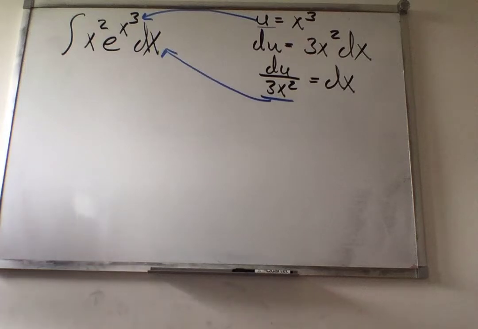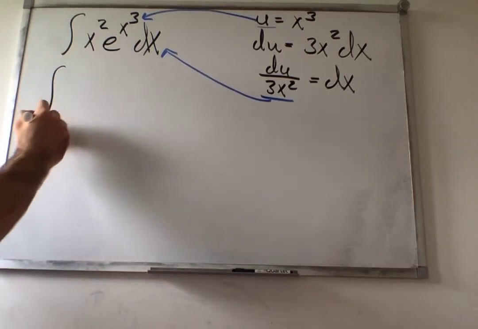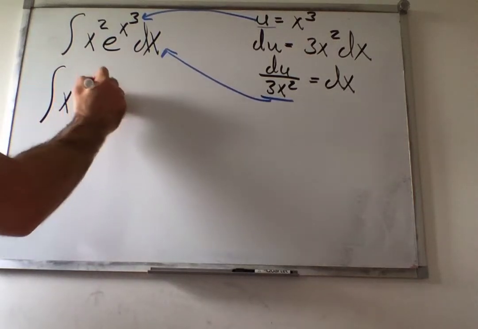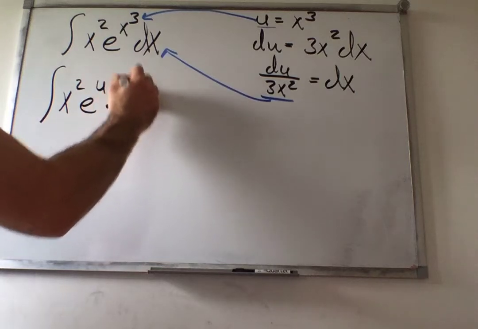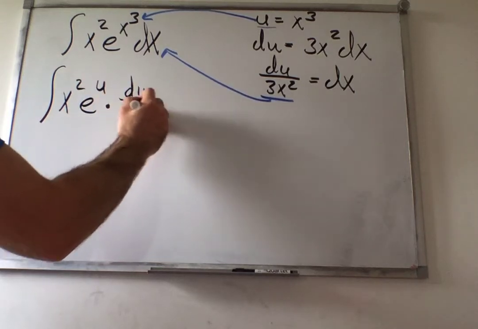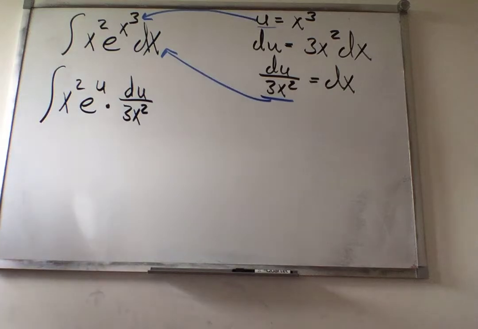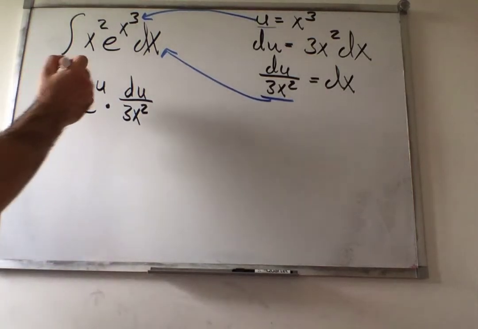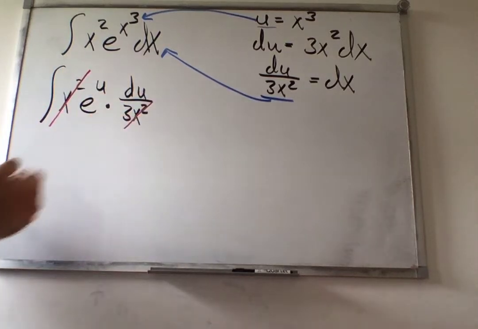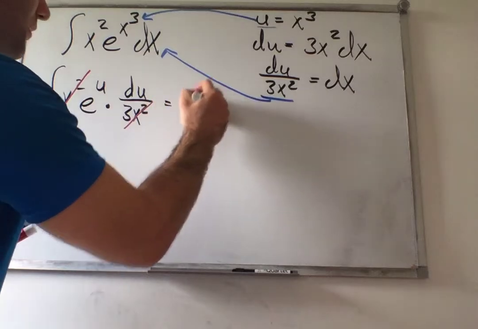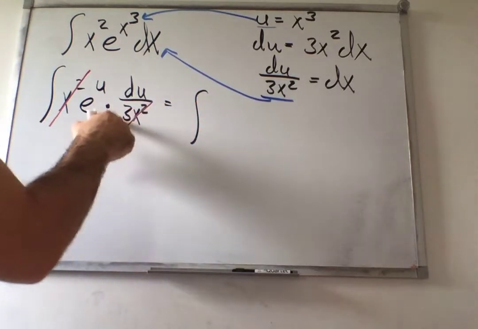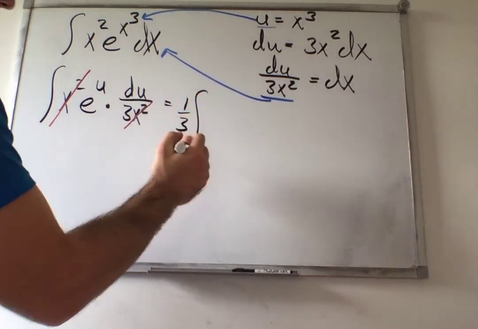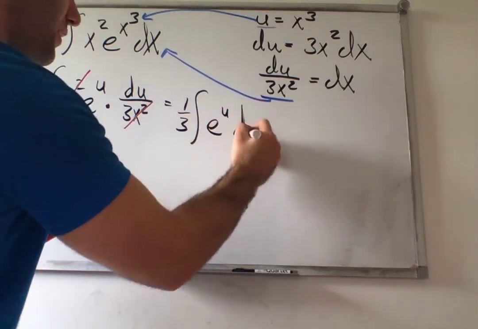So let's see what we get. The integral of x squared e to the u times du over 3x squared. So just plugging everything in, and if you notice, the x squareds cancel, and you get a final indefinite integral. There's a 3 here, 1/3 times the integral of e to the u du.